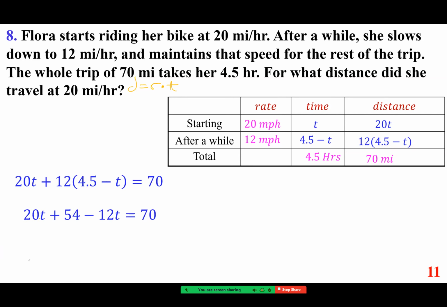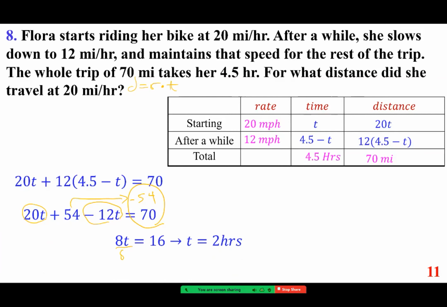and we combine these two into 8t. We subtract 54 from both sides, gives us 16 divided by 8. T is 2 hours. So if t is 2, and always in a case of an application, write the proper units.